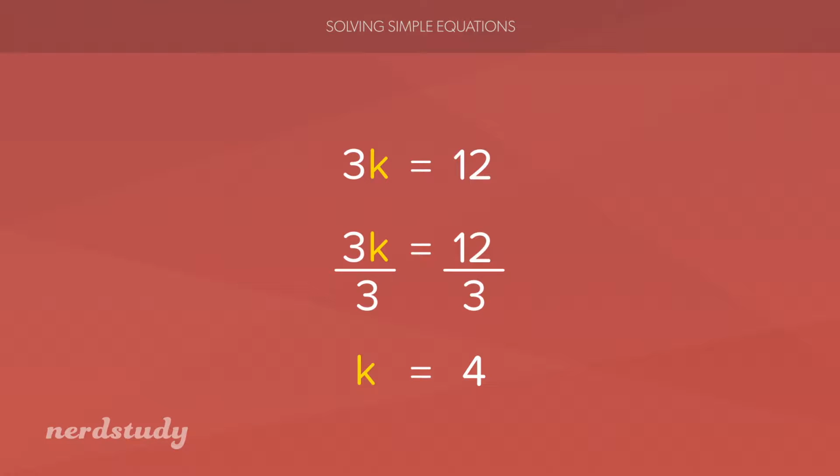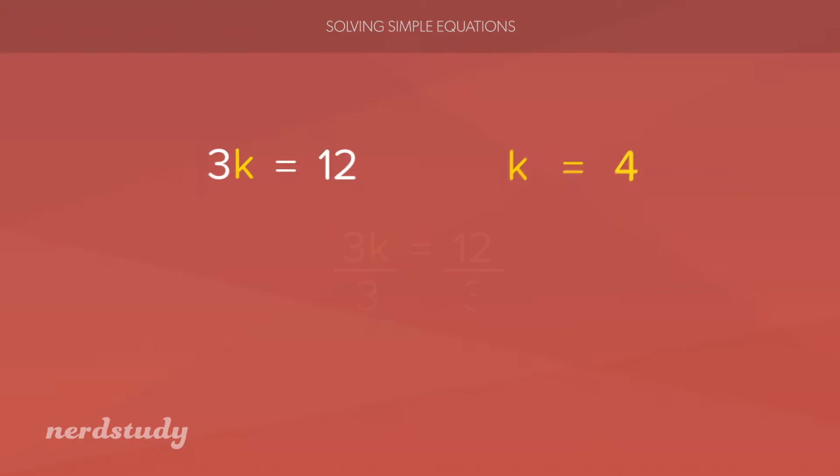Once again, if you think that you might have gotten something wrong, just do some scratch work on the side and plug in your answer to double check for correctness. And we get 3 times 4 equals 12. When we simplify the left side, we get 12 equals 12. Awesome, so we know that k equals 4 is a correct final answer.